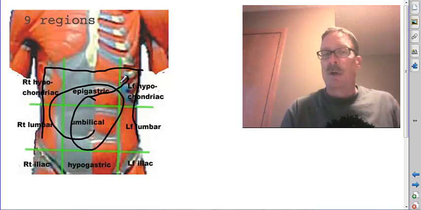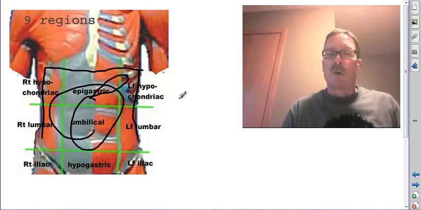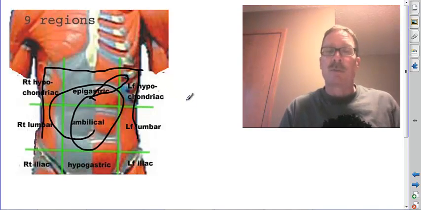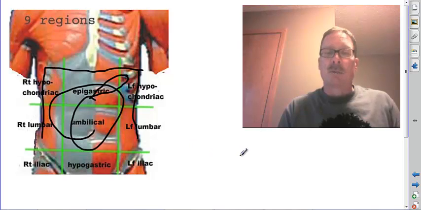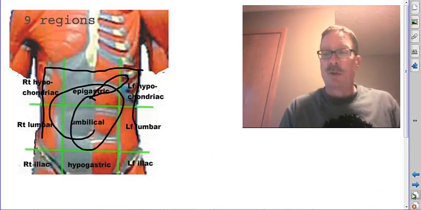And so it's very important, as I draw my poor little stomach here, that those directional terms, those regional terms, and the body cavities are crucial to understanding the placement of things and for the diagnosis of any issues you may have.